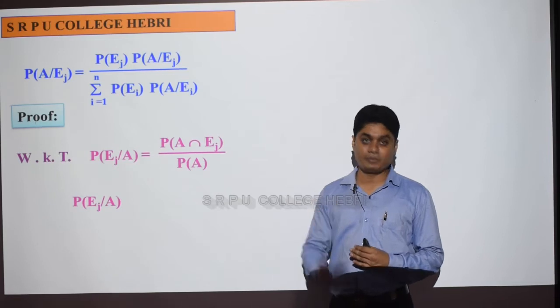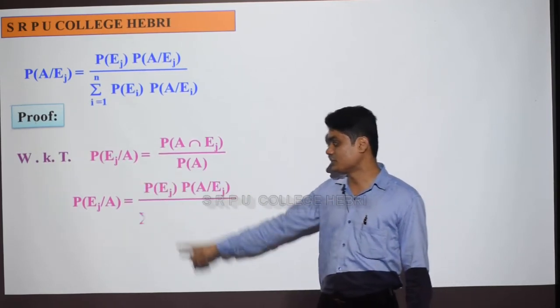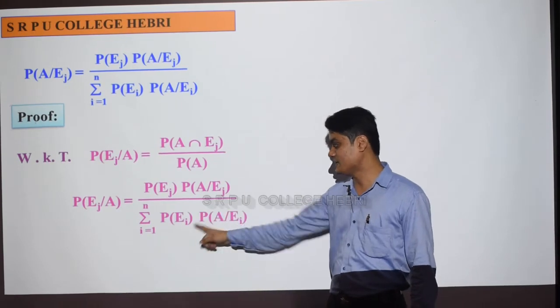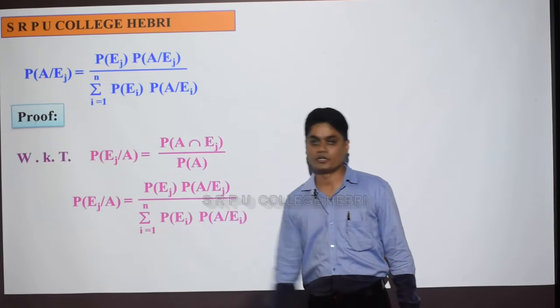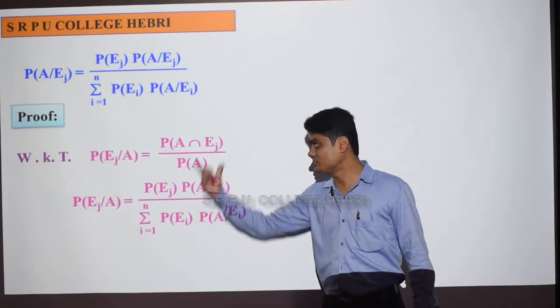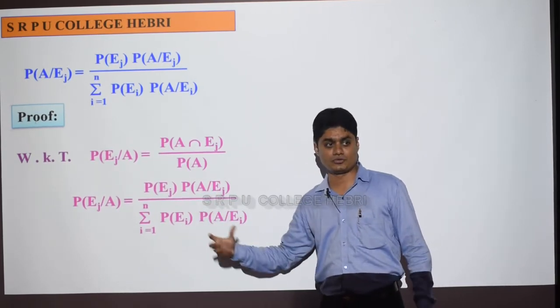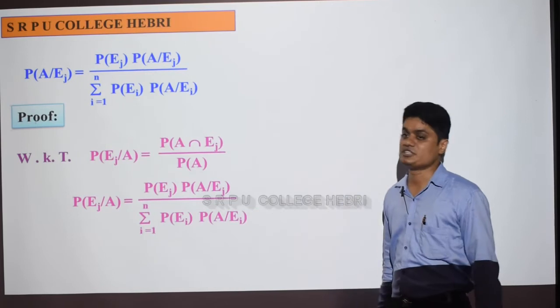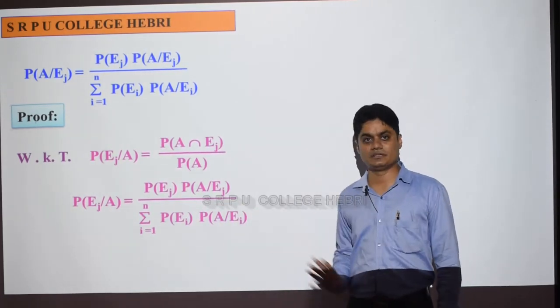From the previous concept we know that probability of A is nothing but the summation of probability of Ei into probability of A given Ei for i from 1 to n. So it is very easy. The numerator is from the multiplication theorem, and the denominator is from the previous concept. Merge the two concepts and you will get probability of Ej given A. So that's it, the proof of the Bayes theorem.